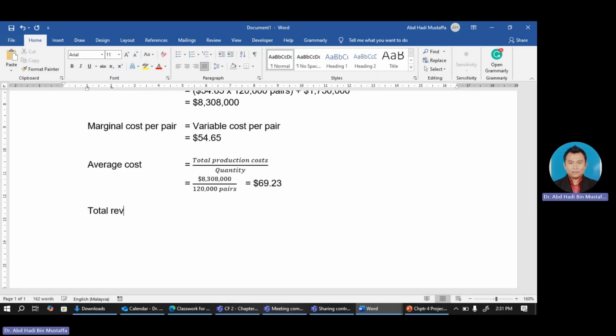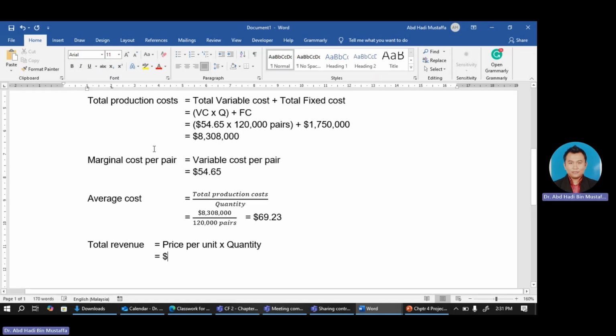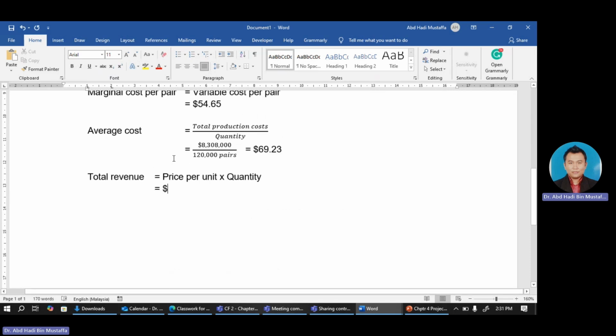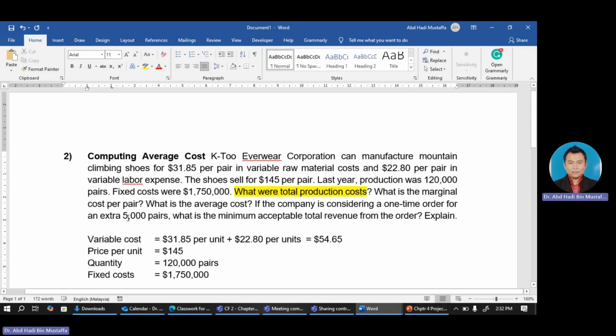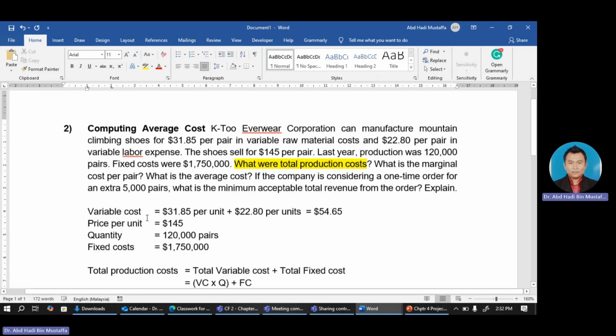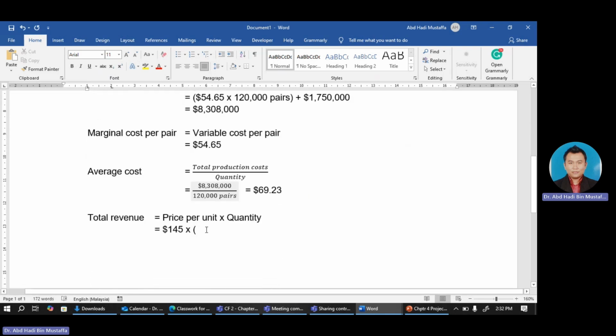So total revenue is simple by using the total revenue formula, which is selling price or price per unit multiplied by quantity. Price per unit earlier in the information is $145. This is a tricky part, because the question asks about an extra 5,000 pairs. Please do not multiply by 5,000 only, because 5,000 is an extra.